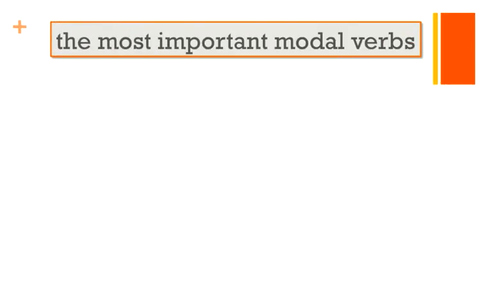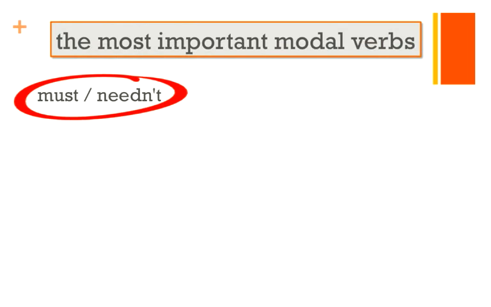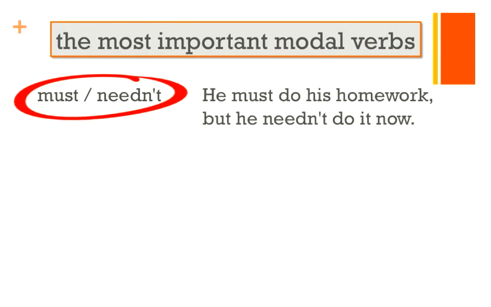Let's continue and talk about must and the negative form needn't. And start with a couple of examples. For example, he must do his homework, but he needn't do it now. So we have must and needn't as the negative form. Can you say, I must home? Can you use must in English as a full verb?